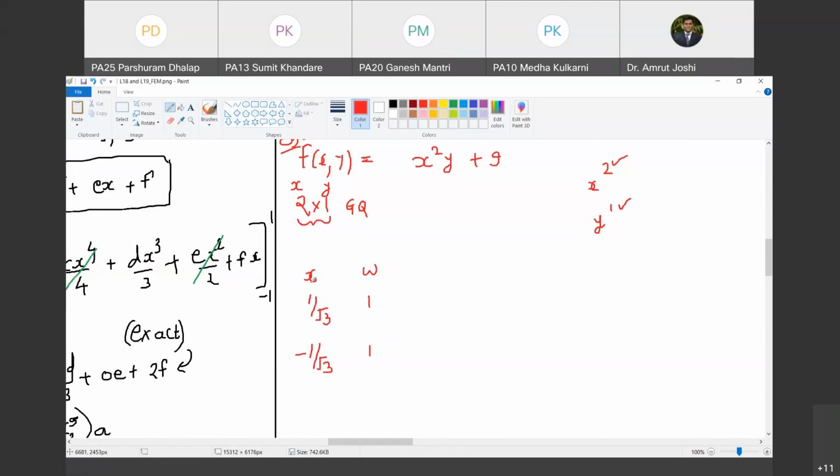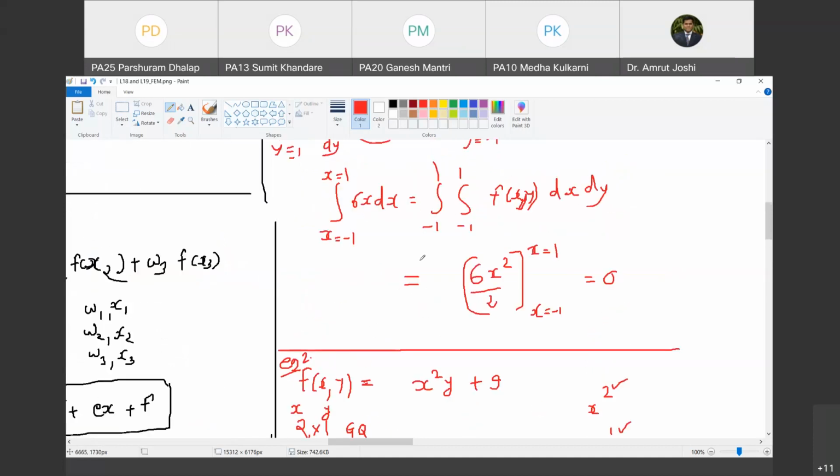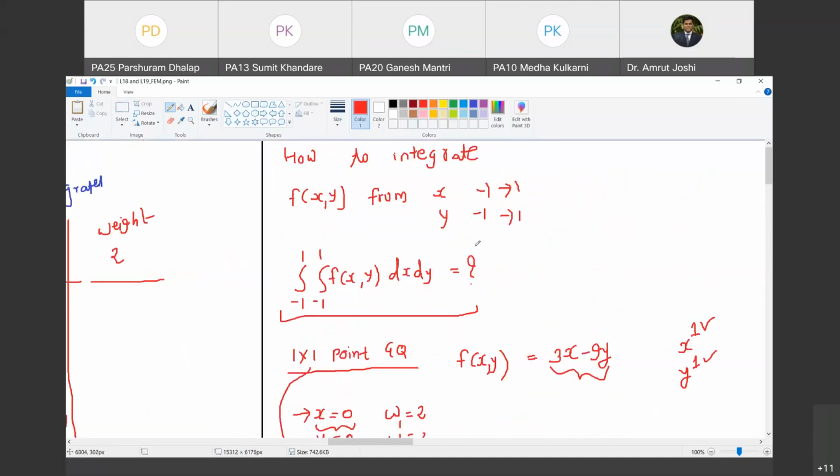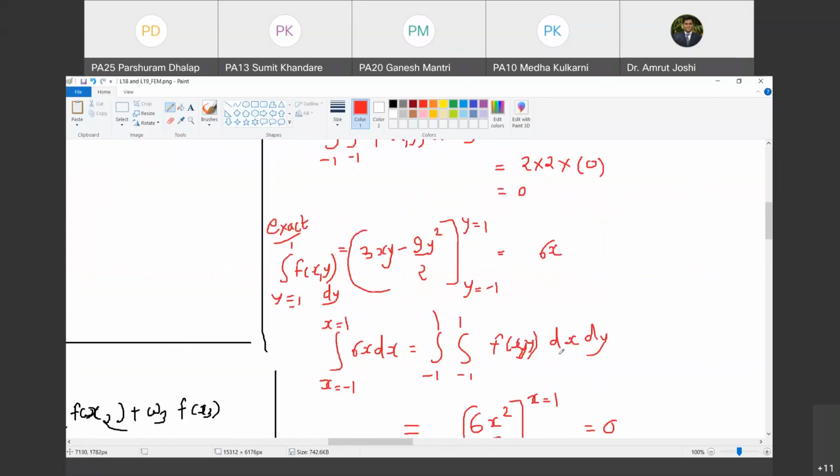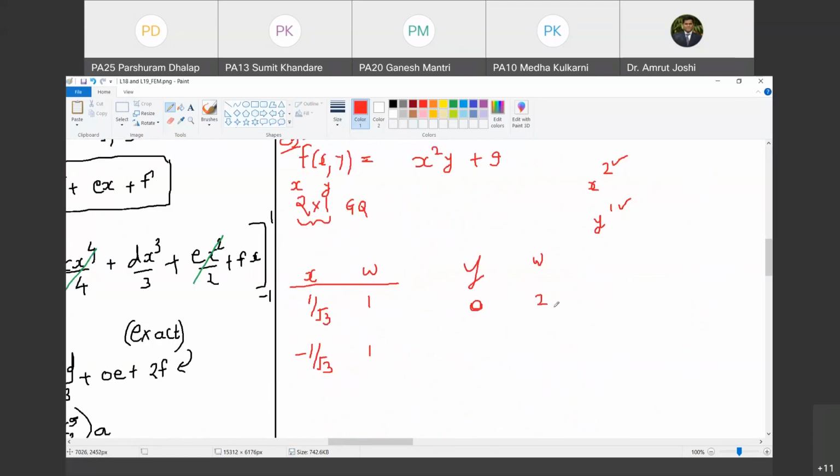Happy? Yes, sir. And you have y as 0 because in y it is 1-point quadrature. So point is 0. You have to consider y equal to 0 and weight is 2. Do you agree with me? Yes, sir. तो अब इनके कितने कॉम्बिनेशन पॉसिबल है.